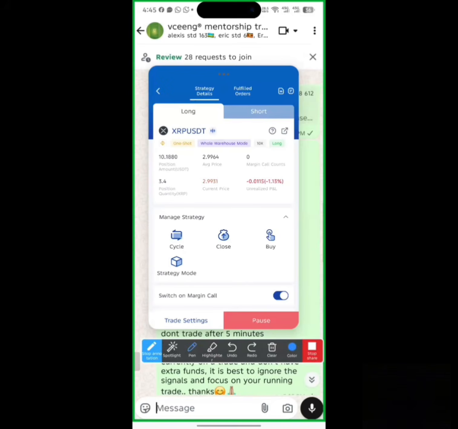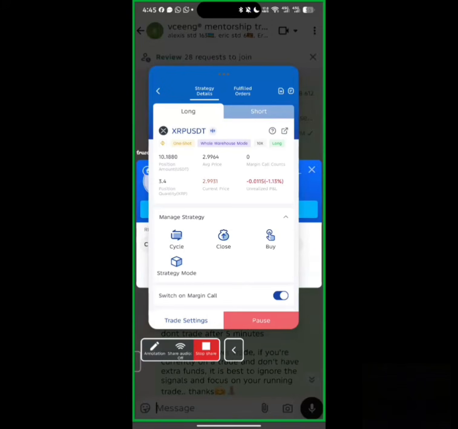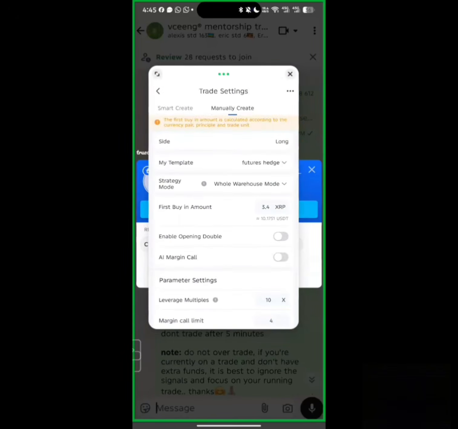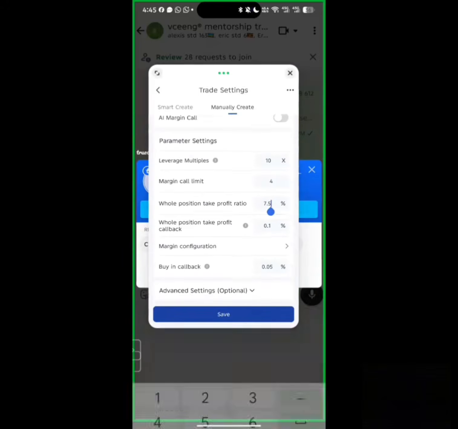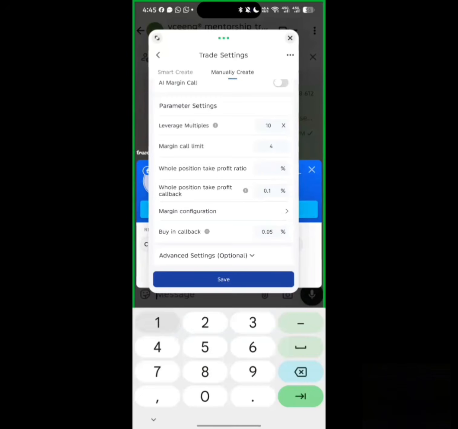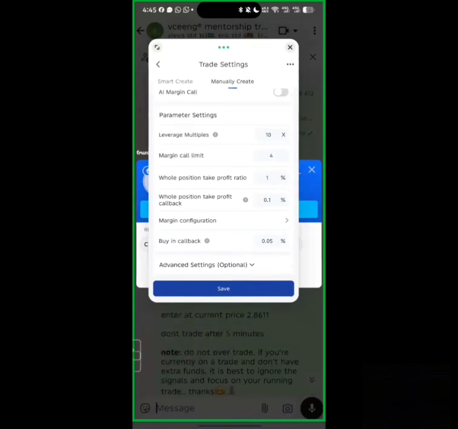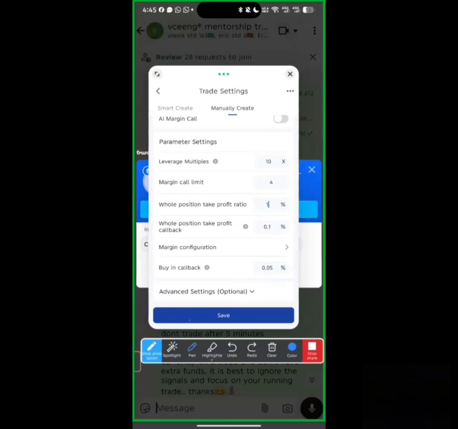If you set 1% take profit here instead of 7.5, it depends on the leverage that you are using.